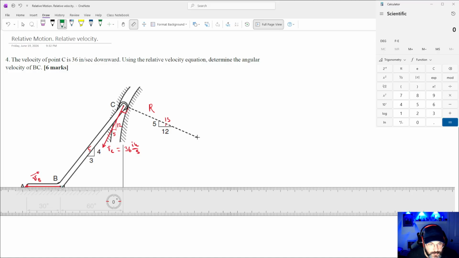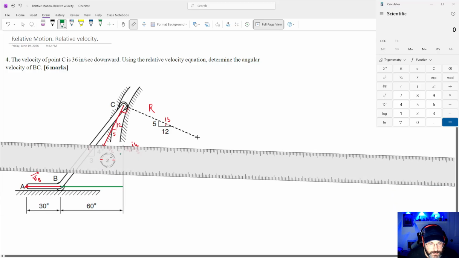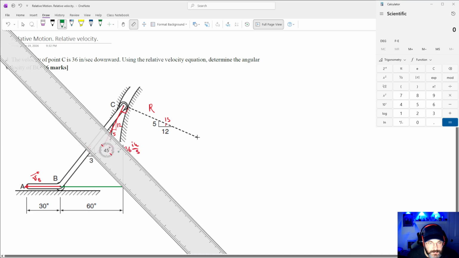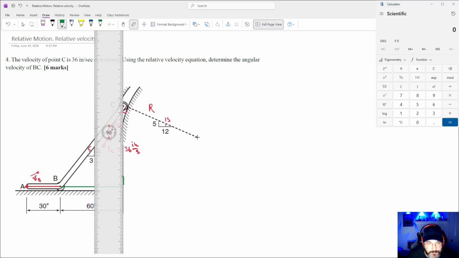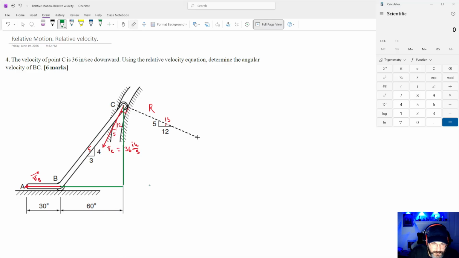So let's maybe draw. This is going to be 60. Let's draw this triangle. This is going to be our right triangle here. Let's notate this angle theta, and this is also going to be theta. From this slope, we can say that cosine of our angle theta is equal to 3 divided by 5.